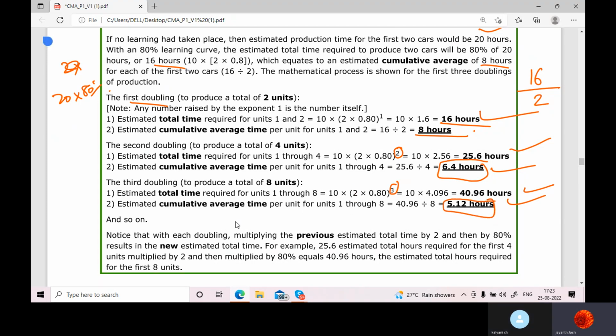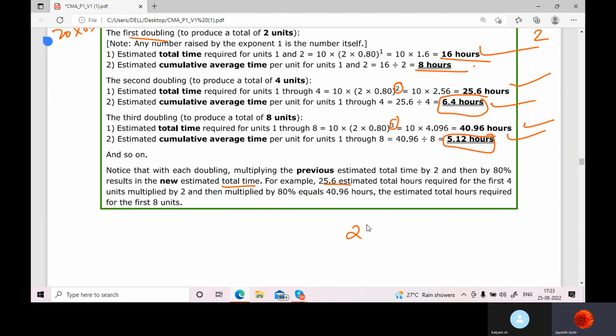Great. So you notice that with each doubling, multiplying the previous estimated total time by 2 and then by 80% results in the new estimated total time. So for the total hours required for the first 4 units, we have 25.6 estimated total hours.